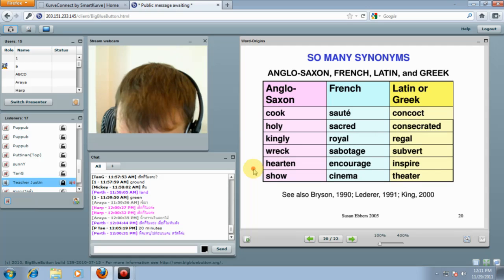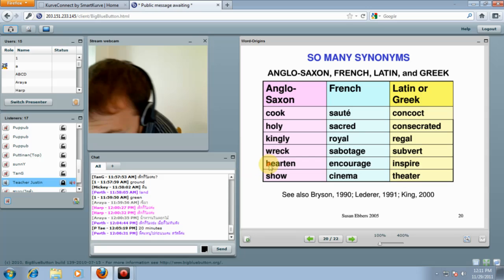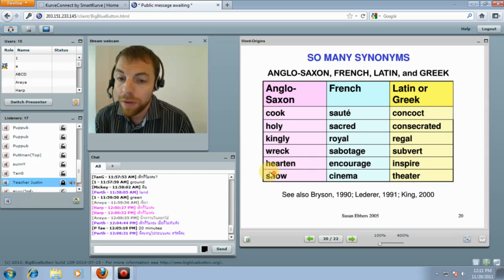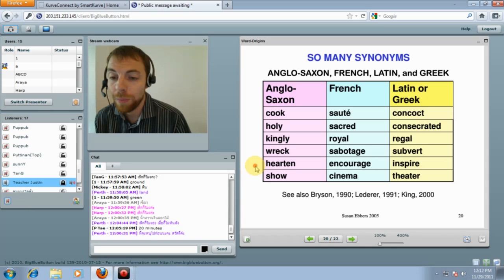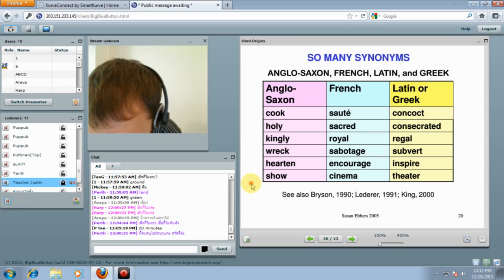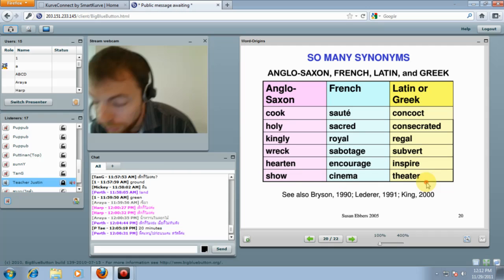What else do we have here? We have hearten, encourage, and inspire. And these all mean the same thing, to make someone feel good and make them want to work more. And then we have, of course, a show or cinema or a theater.